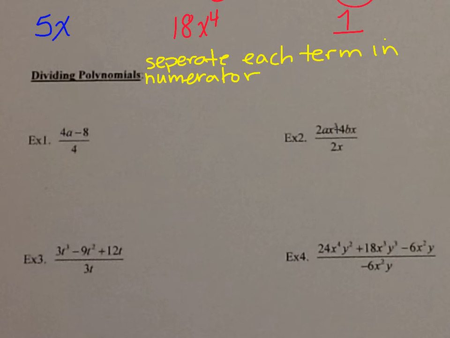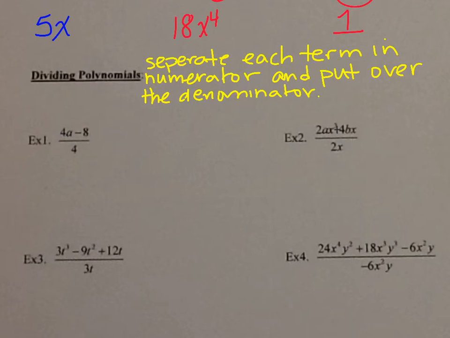Remember, the numerator is the top. And put it over the denominator, which is the bottom of the fraction. Okay, and then you'll have a bunch of monomials divided by a monomial. So then you just divide each piece.